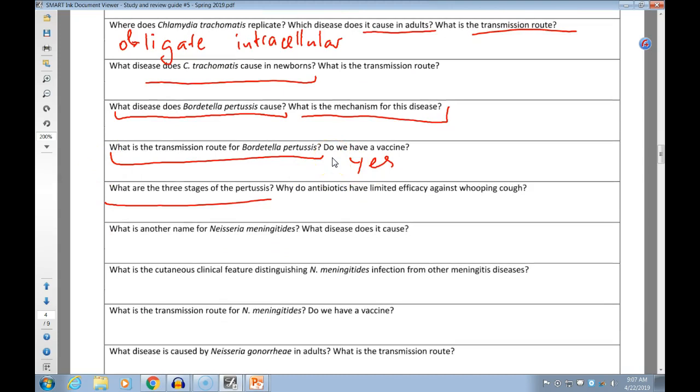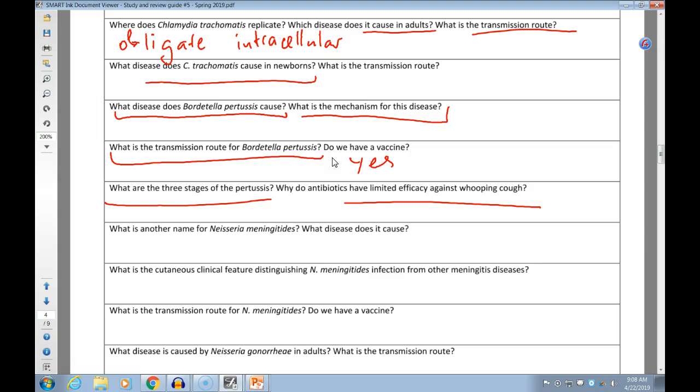Three stages: catarrhal, paroxysmal, convalescent. During the catarrhal stage, the microorganism replicates, and you don't know that you have whooping cough. And then when the catarrhal stage is over, the paroxysmal stage starts, but the microorganism is largely gone. Does that make sense? Since it's largely gone, antibiotics have very limited efficacy against whooping cough. So far, does that make sense?